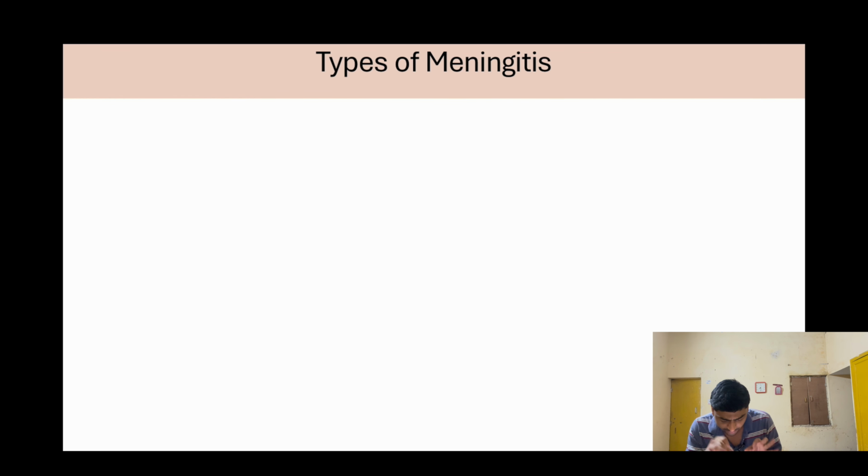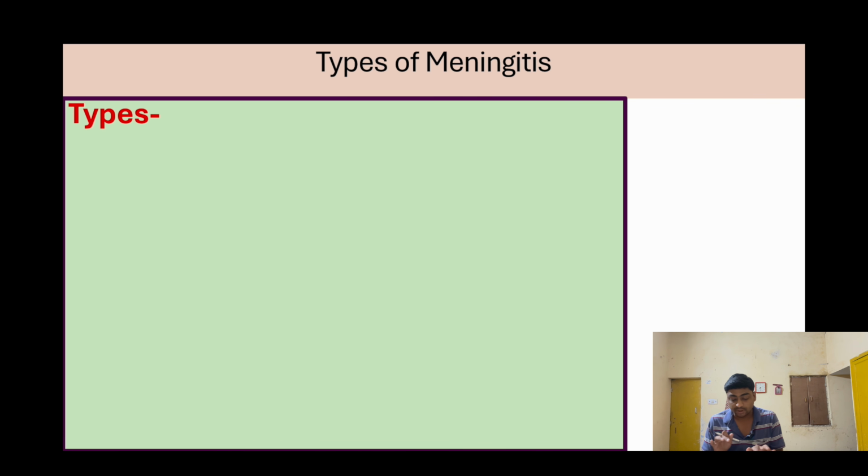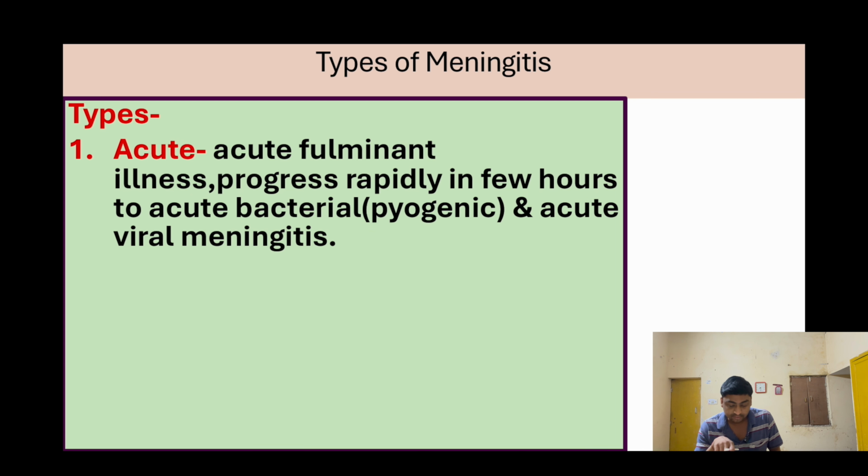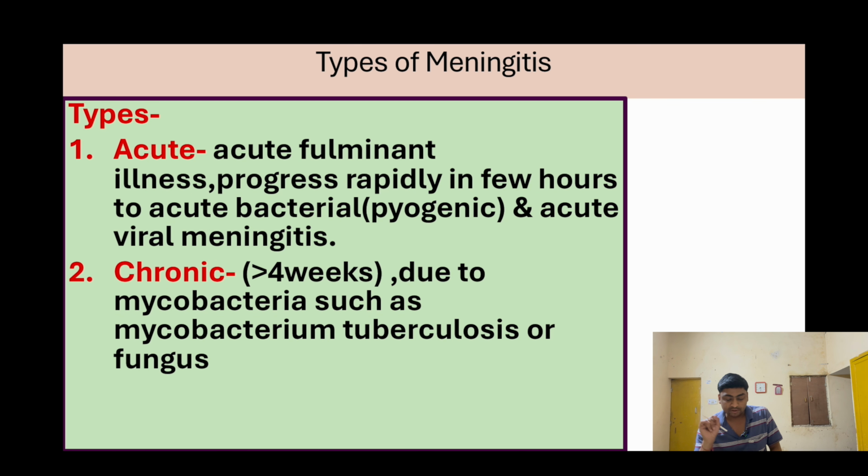Now come to the types of meningitis. Meningitis is divided into two broad types: acute meningitis and chronic meningitis.